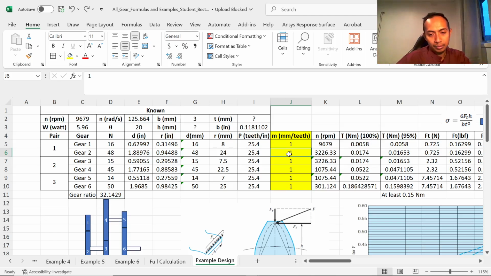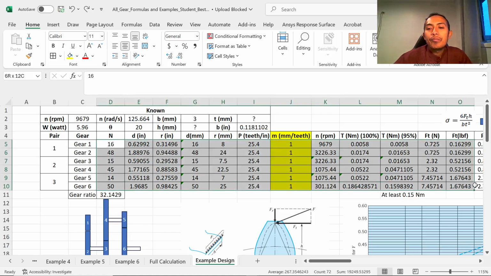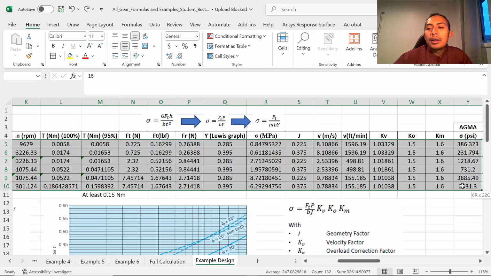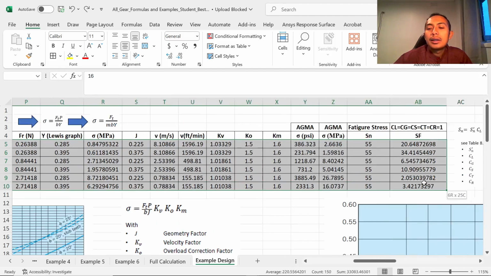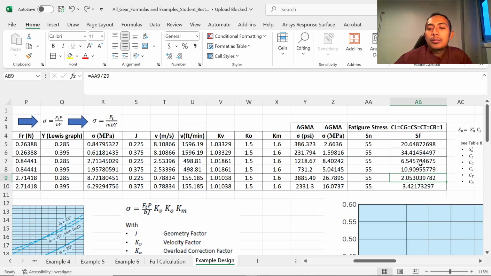Okay, in the same way, at the end we will come out with the stress and the other safety factors. The critical ones are the last two gears. For this gear, a safety factor of 2 is enough, because at least we have one.